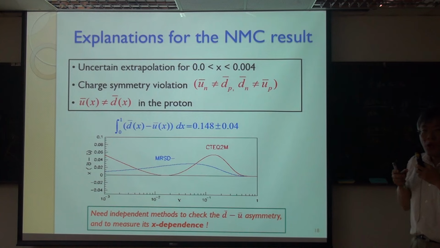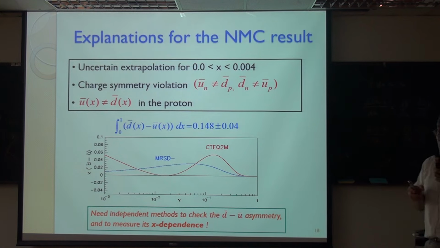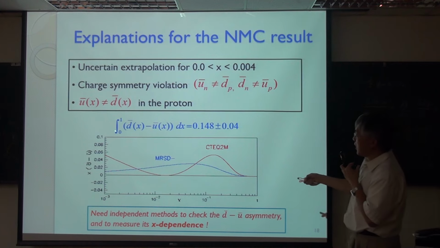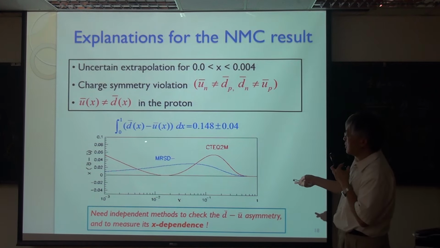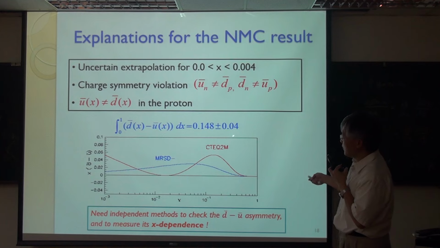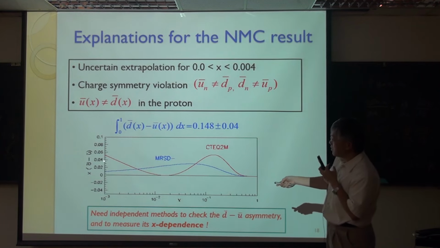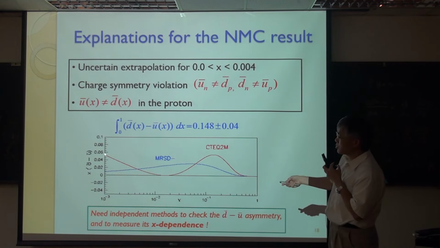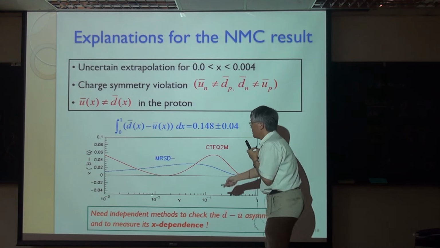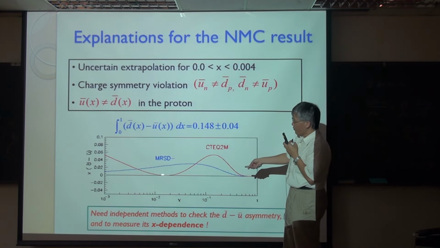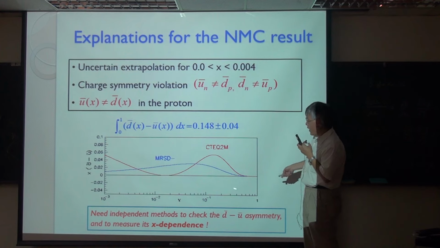However, one drawback of this Gottfried sum is that it can only tell you the integral of this difference. In reality, it has no constraint on the shape. For example, this is the D bar and U bar difference as a function of x.